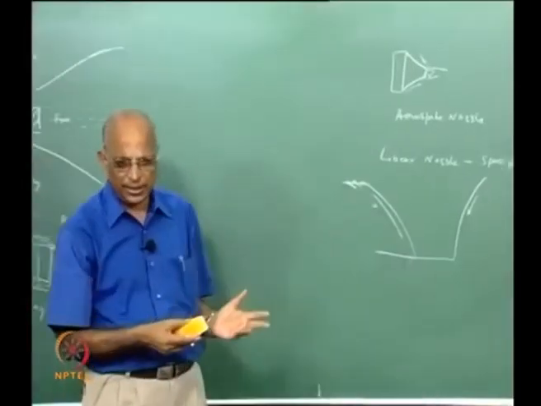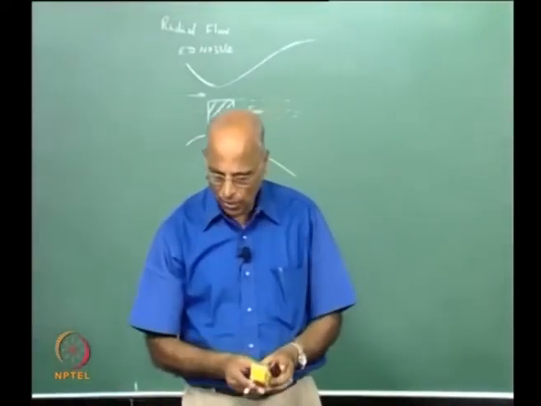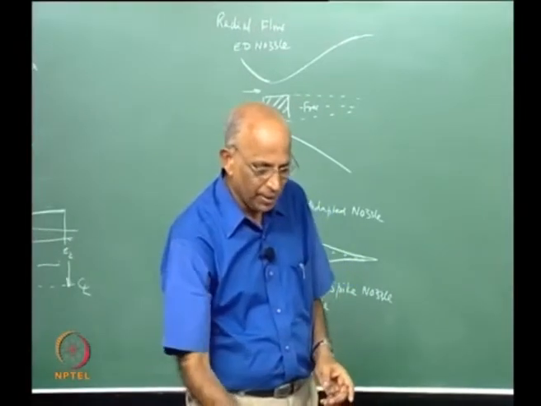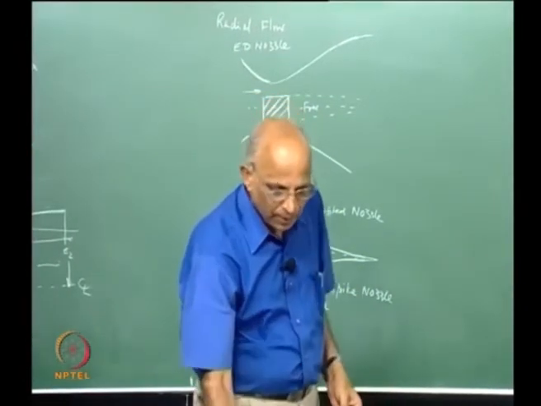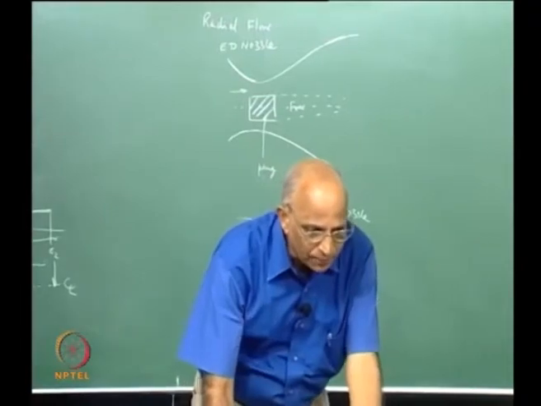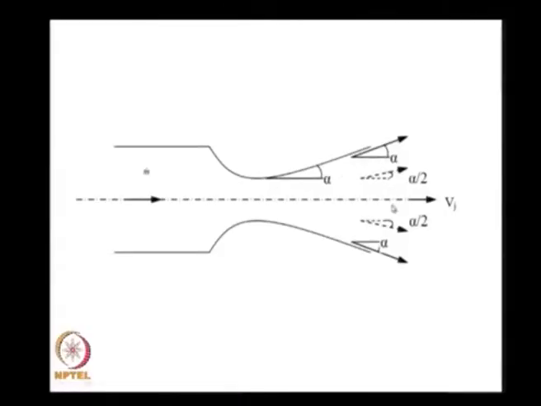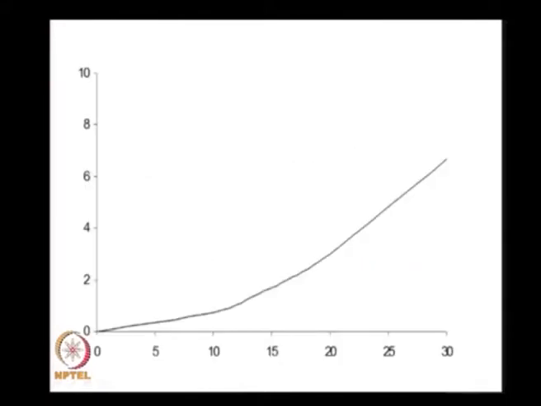I will not get into details, but I will just summarize it through a series of slides over here. In the first slide here, I show the divergence losses, maybe alpha, and how we got the divergence loss coefficient. This was the value of delta, which we decided as percentage loss in thrust versus the angle alpha. We derived this.